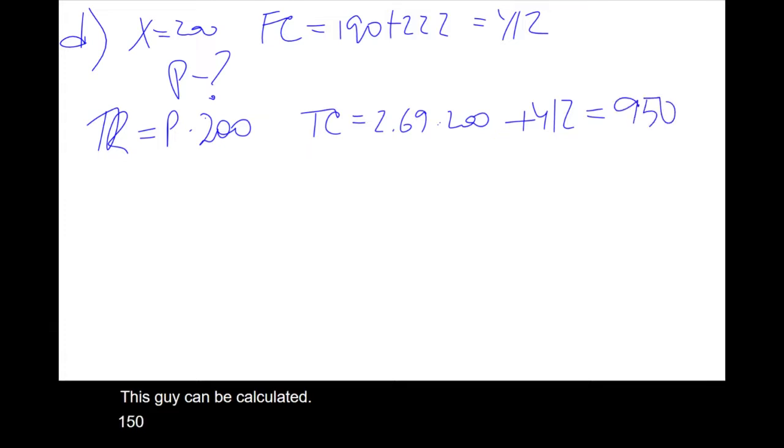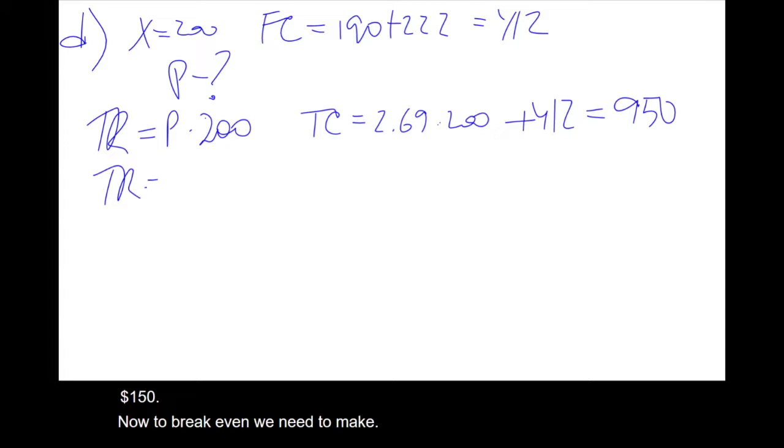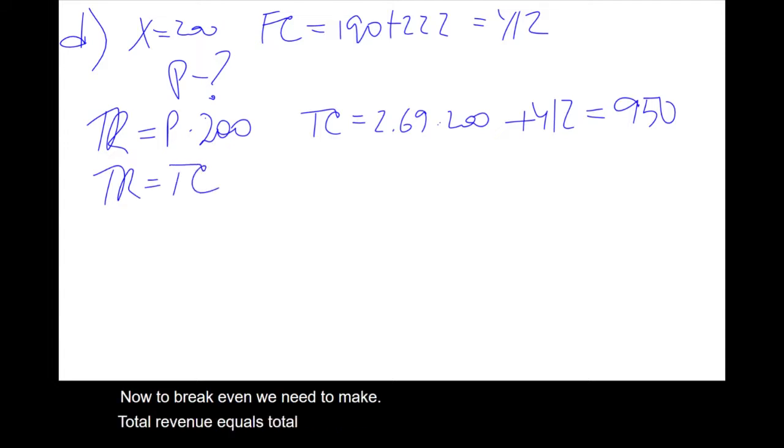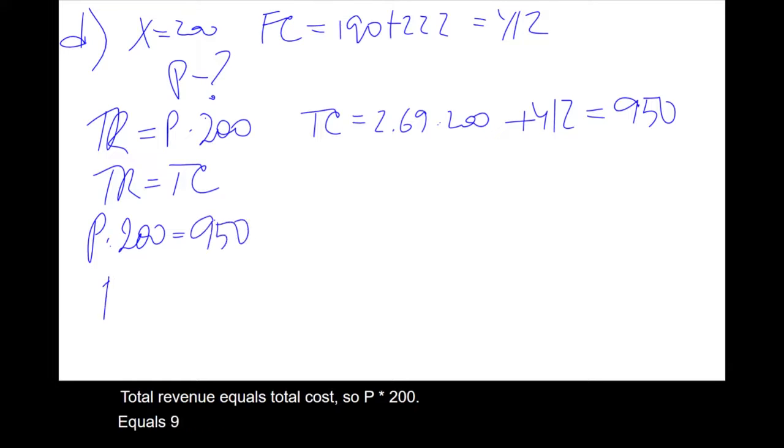This can be calculated: $950. Now to break even, we need to make total revenue equal total cost. So P times 200 equals 950. So from here, P will be 4.75. No less than that.